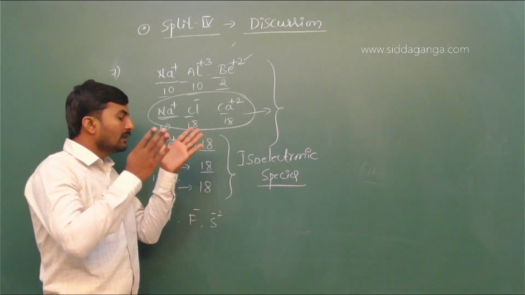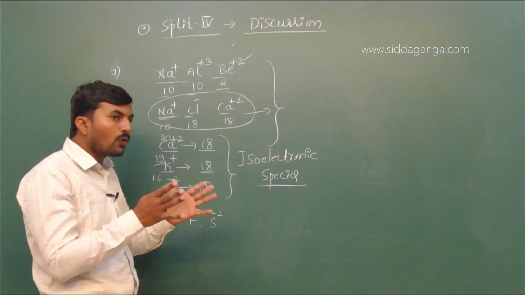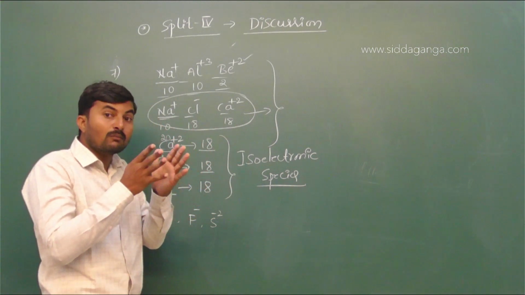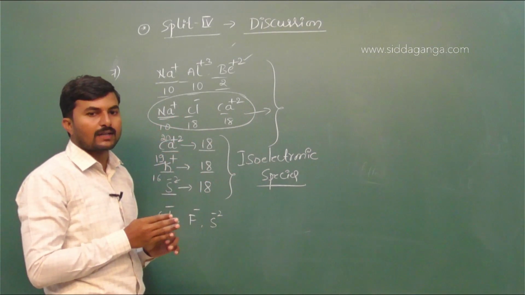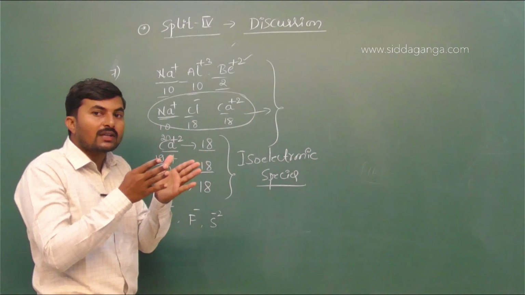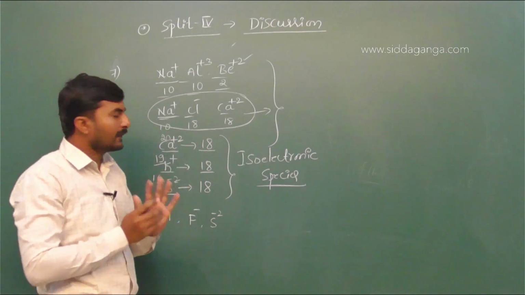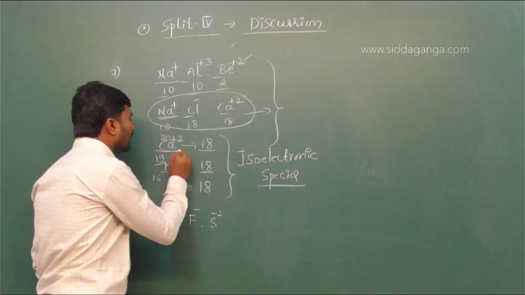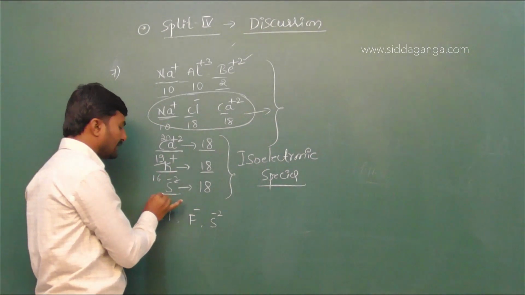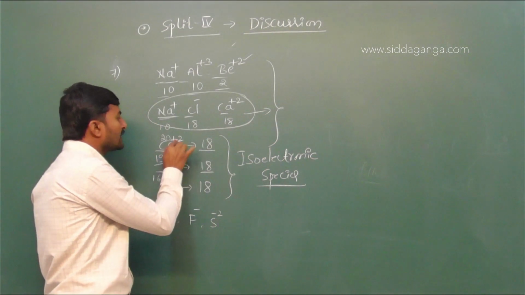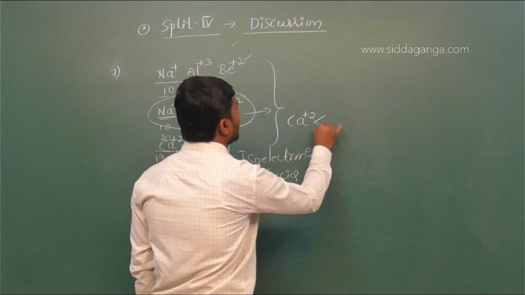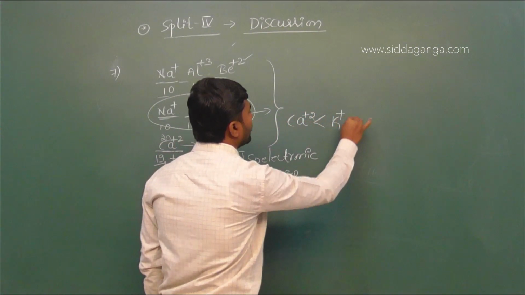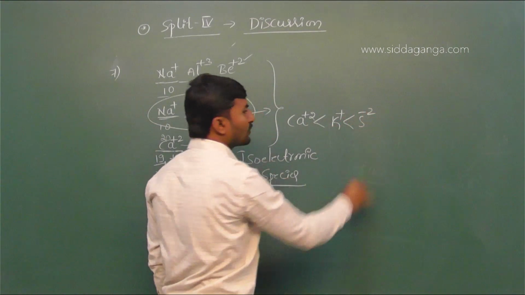That means the 20 protons hold the remaining 18 electrons more tightly. With the increase in the force of attraction, there is a shrinkage of radius. That is why the size of the Ca plus 2 ion is less than that of K plus, followed by S minus 2.